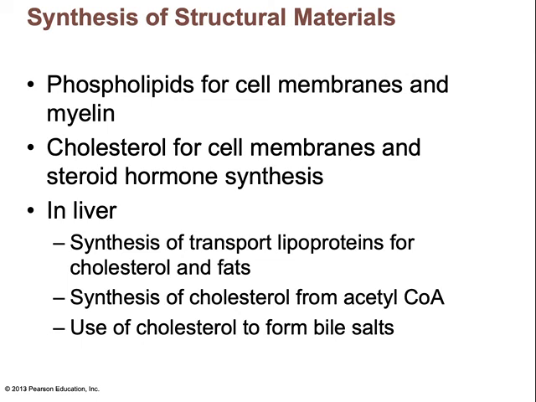We also use cholesterol as part of bile salts, and the reason for that is to serve as a component of the bile salt that's a detergent, right? The bile salts have a nonpolar and a polar part to them. They are stored in the gallbladder where they become concentrated, but they're manufactured in the liver, and they serve to emulsify the dietary fat that drops from the stomach into the duodenum of the small intestine.